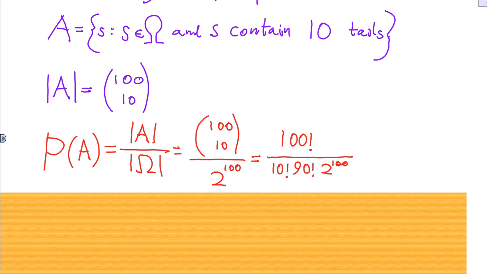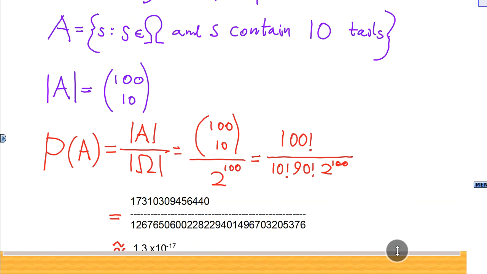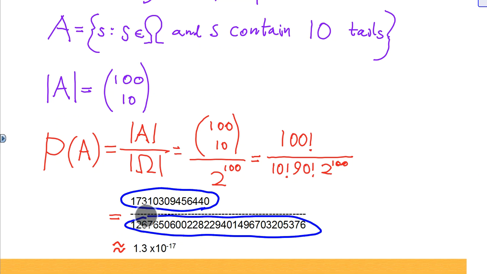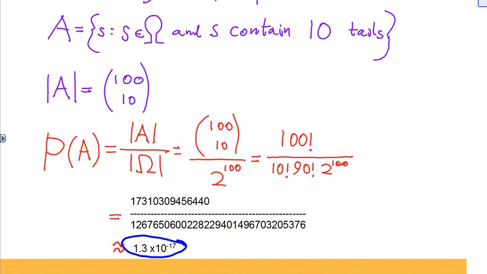So we get these two long numbers, this number in the numerator and this one in the denominator, and the result at the end is 1.3 times 10 to the minus 17. So indeed a very, very small probability.